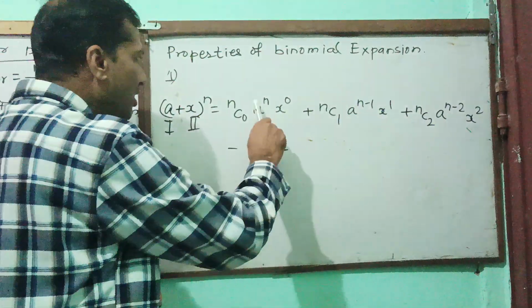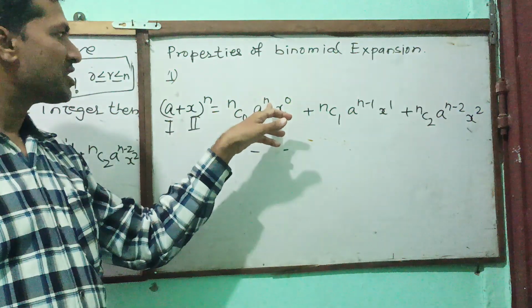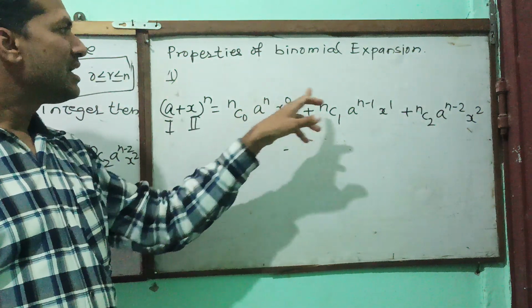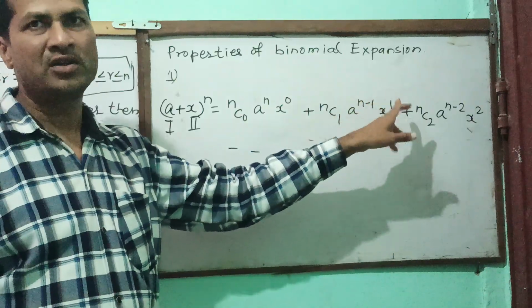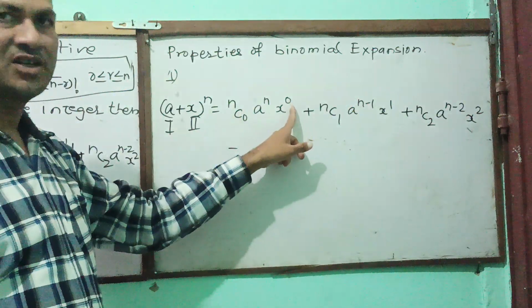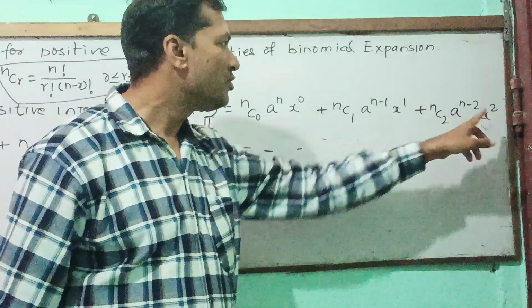Like this, in all the succeeding terms the power of a decreases by unity. For x, the first term has power 0, then power 1, power 2, and so on.